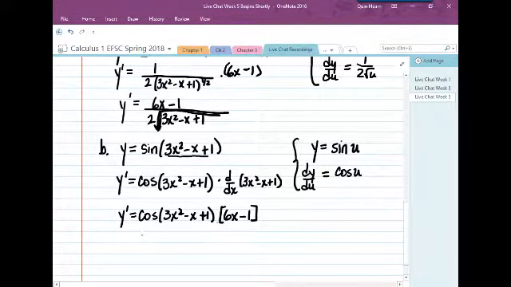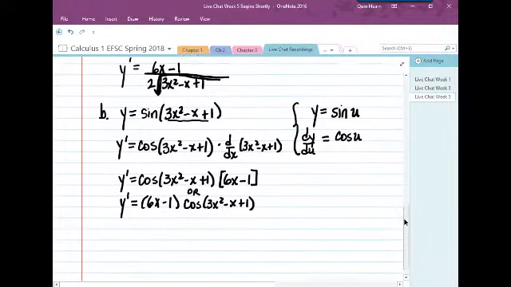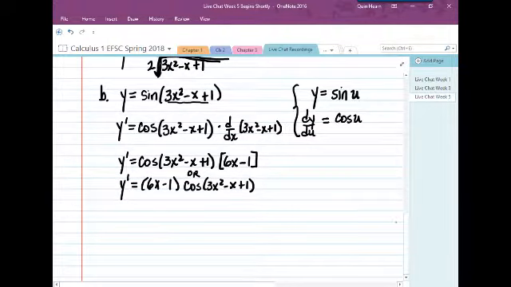Often we write the 6x minus 1 part out front just to make sure everyone's clear that it's not in the argument of the cosine, but it doesn't really matter. Either format is fine. There's no one right way. Okay, so that would be another example of the chain rule, but using a trig function. Let's do one more.